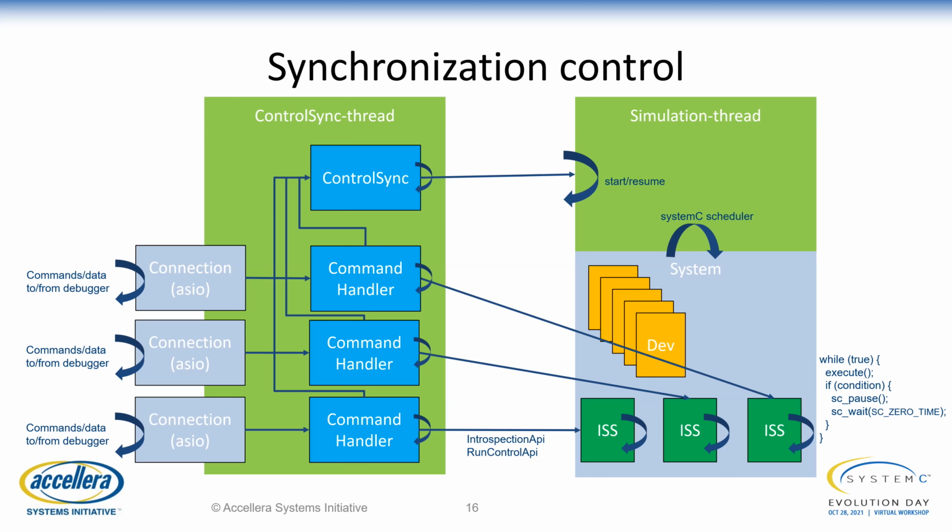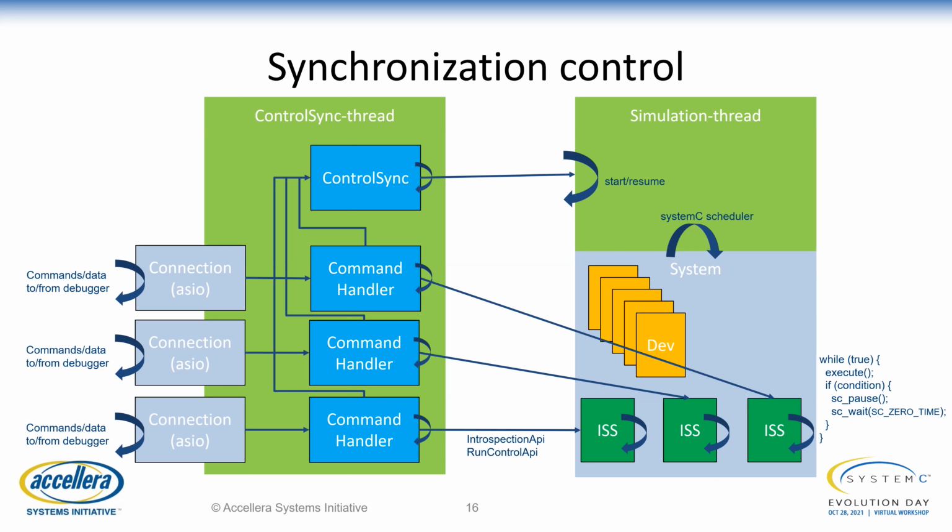But that's only for what I would call the introspection commands, like looking at registers, looking at memories, etc. So when we have the control commands, the command handlers will interact with a control sync class, and that one will know when to start, resume the simulation again.